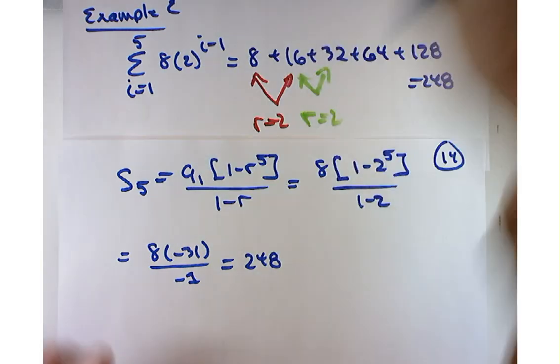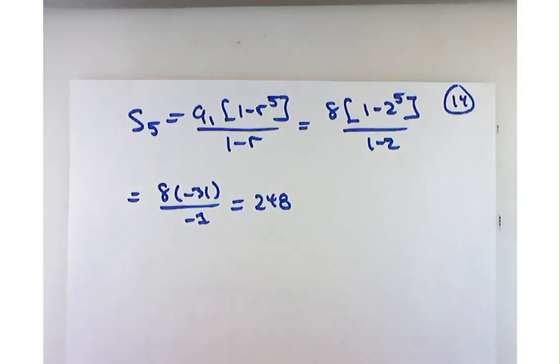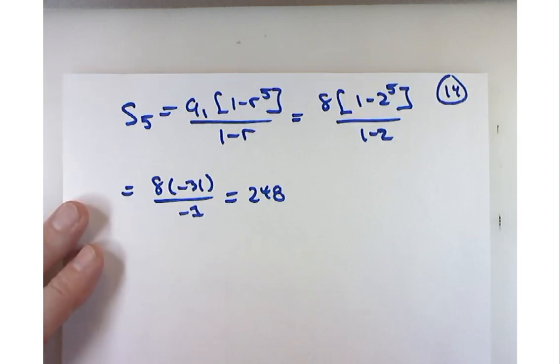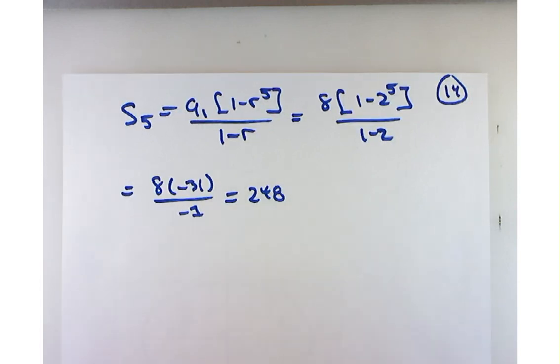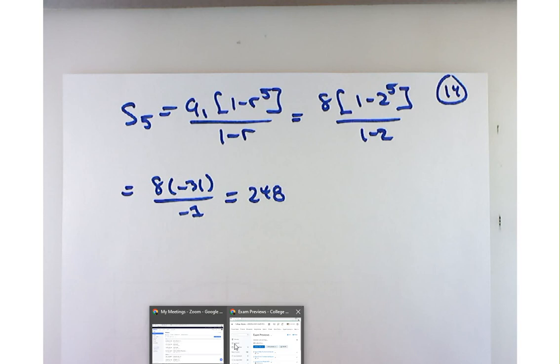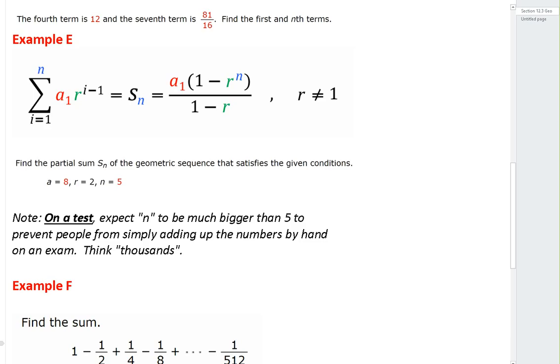But let's take a look at a different one that requires us to use the formula. Actually, no, we did that one with the formula. Let's do another one with the formula.